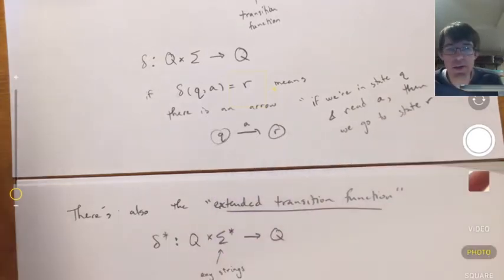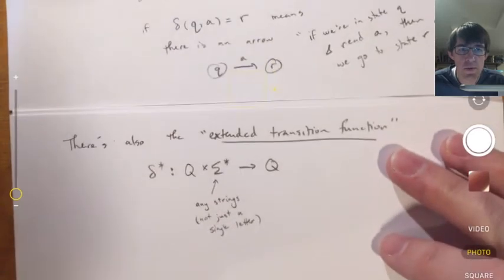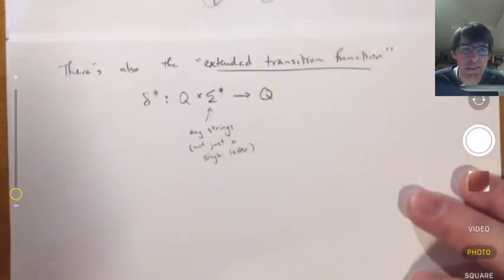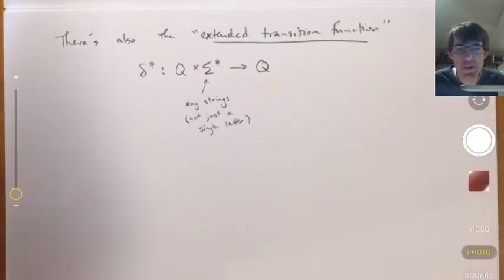But you can put any string in that case. But then otherwise it does the same idea. It's the same idea where it's just a function which tells you if you start in a particular state, but this time if you do a whole string, where is the state that you end up in?